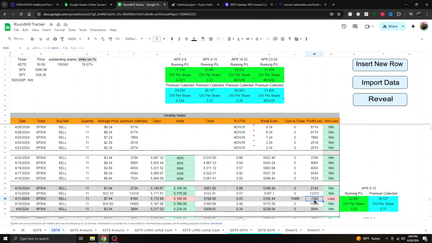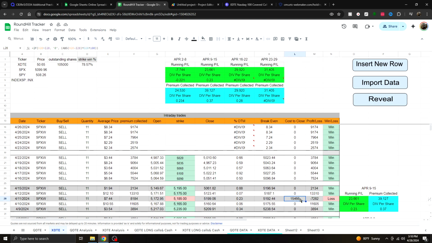And then here it's saying that if L28, which is this one, is less than 0.0001, so pretty much if this value in column L is 0, then that means we get full profit.